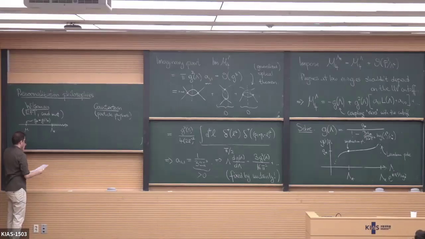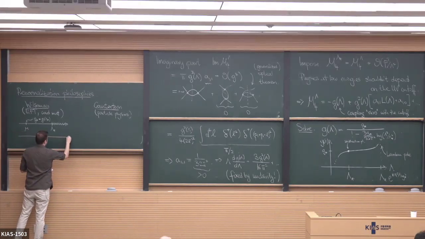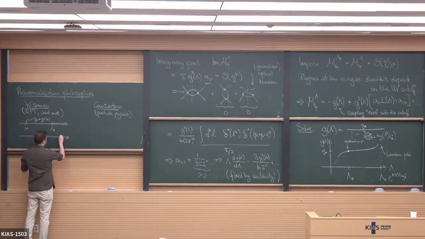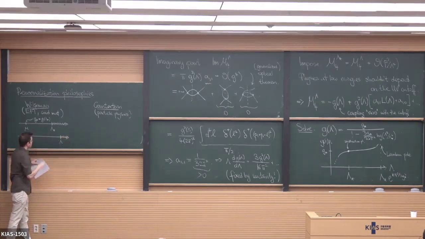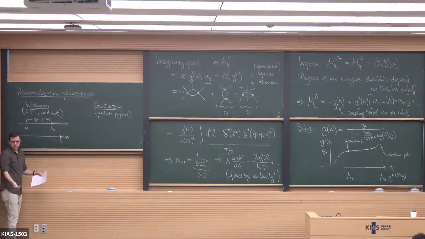Right? And then what I did in the next step is study what happens if I take my original cutoff and wiggle it a little bit to be higher or lower. So let's say a new one was lambda. Okay. And then there were some degrees of freedom that lay between my original cutoff scale and the new one that are now absorbed in my theory, right?